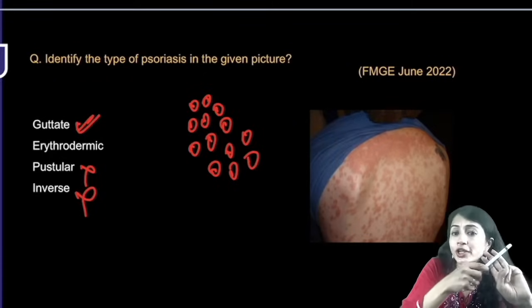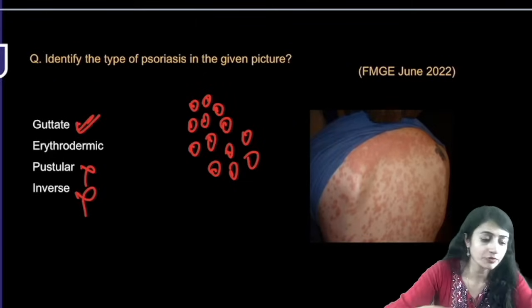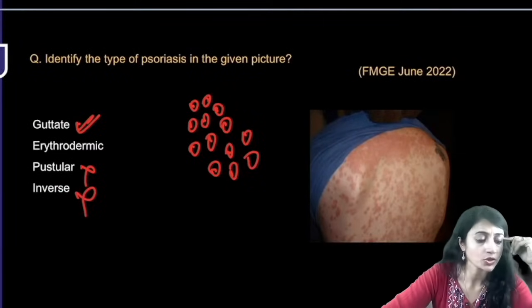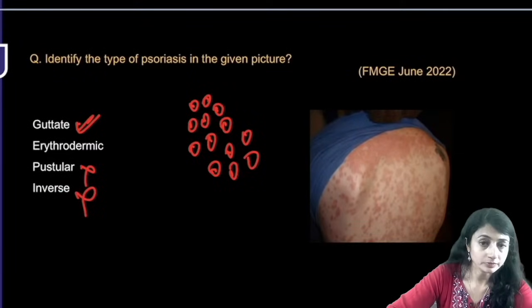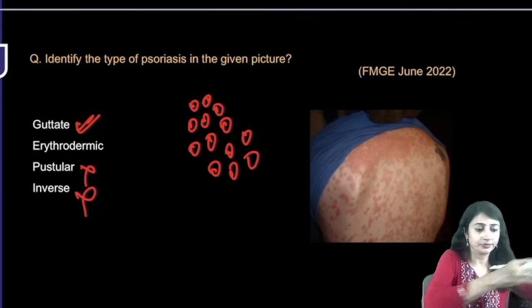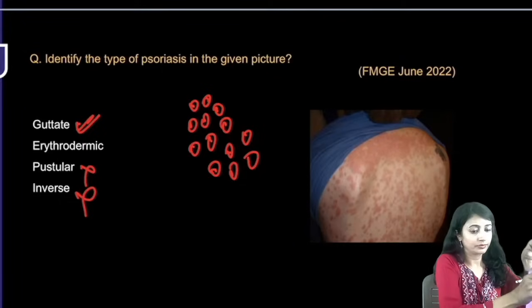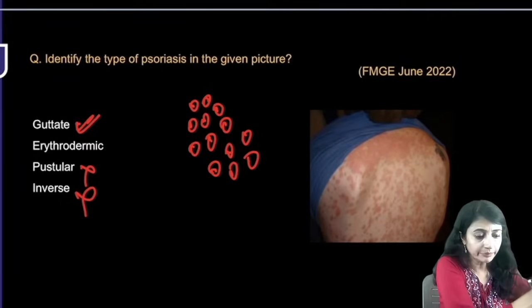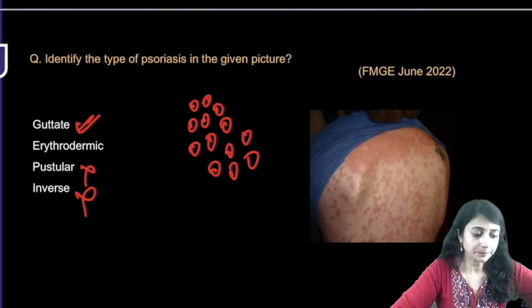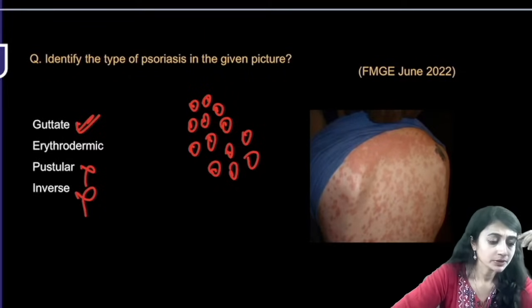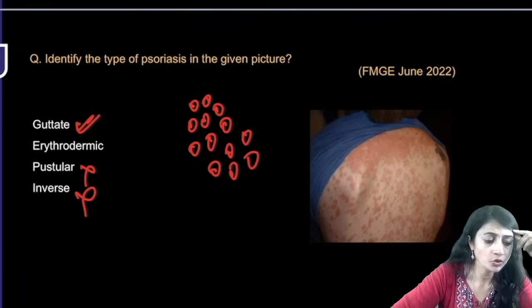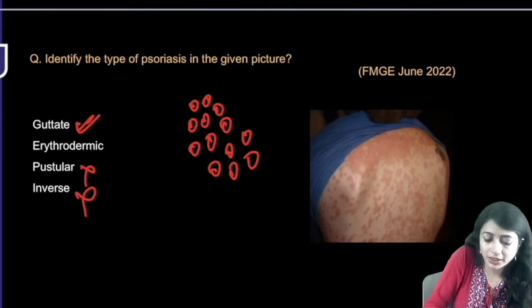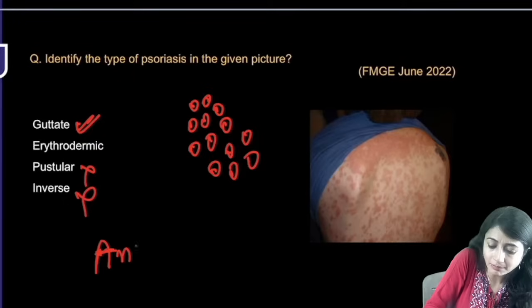And how do you treat them? The treatment is also different. So, what do you give for guttate psoriasis? What is the treatment for guttate psoriasis? No steroids, no methotrexate. The treatment for guttate psoriasis is antibiotics.